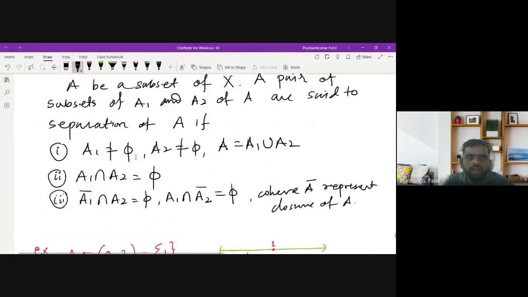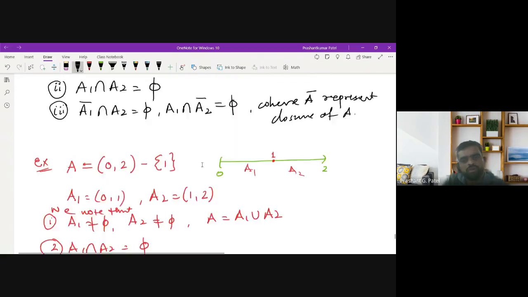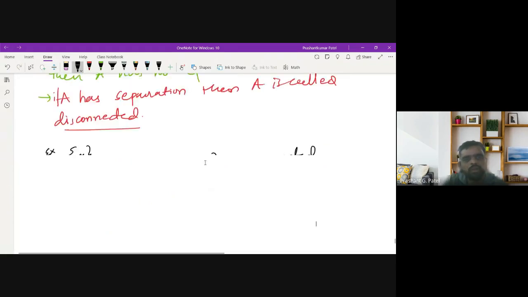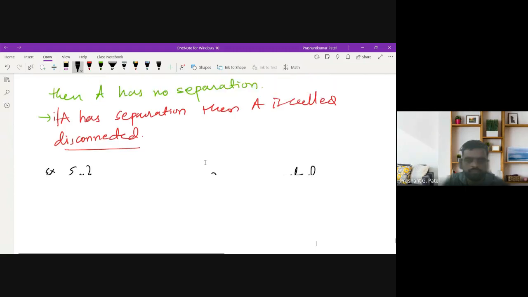It should not have any subsets A1 and A2 satisfying these three properties, and that we have, because whenever you have an empty set, there should not be any non-empty subset, and therefore these conditions are not satisfied. So by definition we can say that the singleton set is connected and the empty set is also connected.